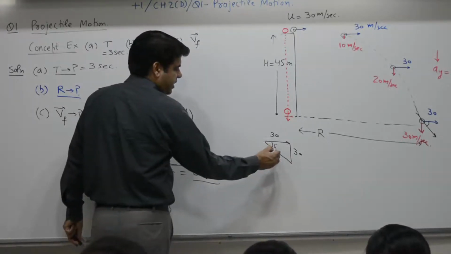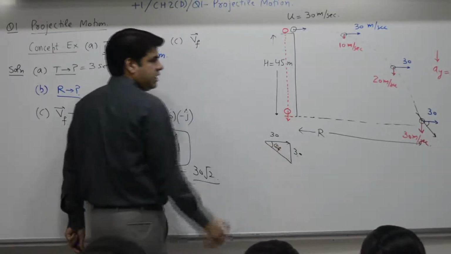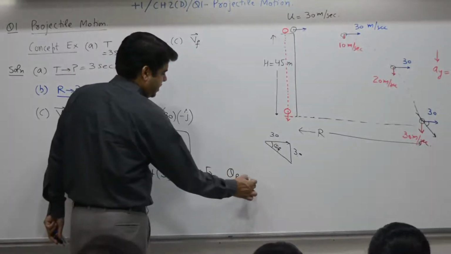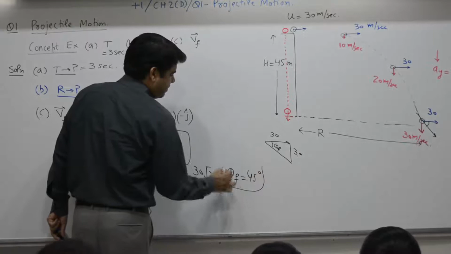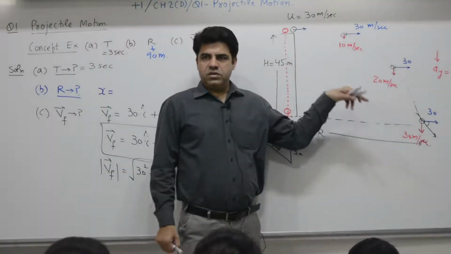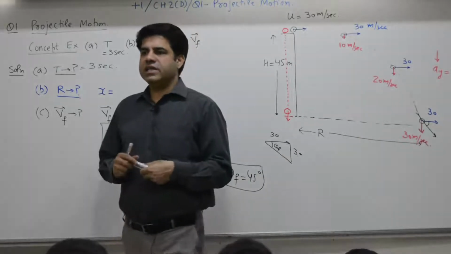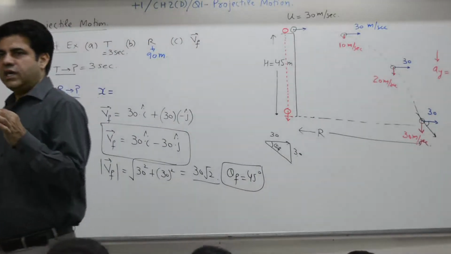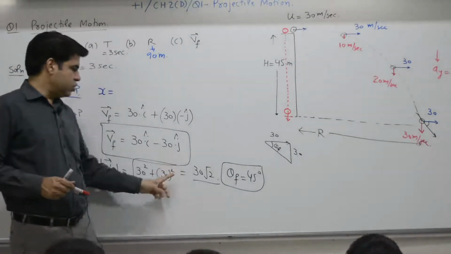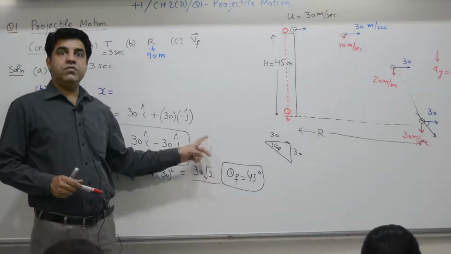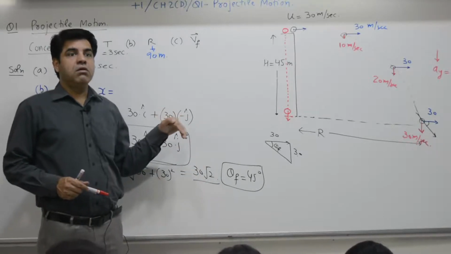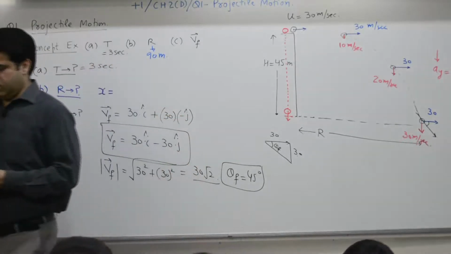Tangent theta final is equal to 30 by 30, so tangent theta final is equal to 1, and theta final is equal to 45 degrees. So just before hitting the floor, the velocity is 30i minus 30j. One answer. Second answer in competition: it will hit with speed 30 root 2, and with angle 45 degrees. 1 minute to complete.